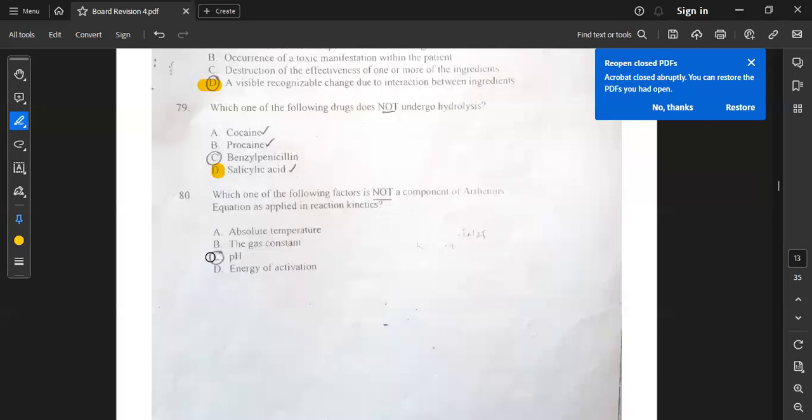He even sent an image of the equation: k equals A times e to the negative activation energy over RT. R is a constant, T is temperature in kelvins. So absolute temperature is there in T, the gas constant R, the energy of activation Ea, but pH is not there.